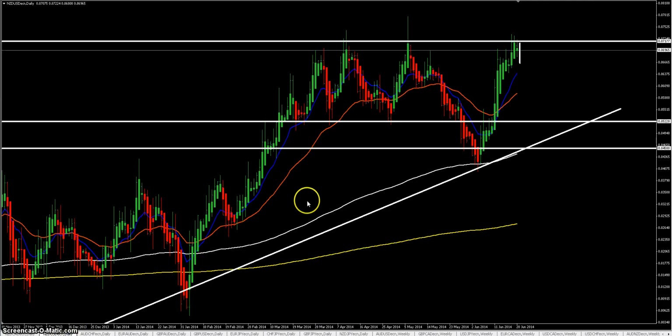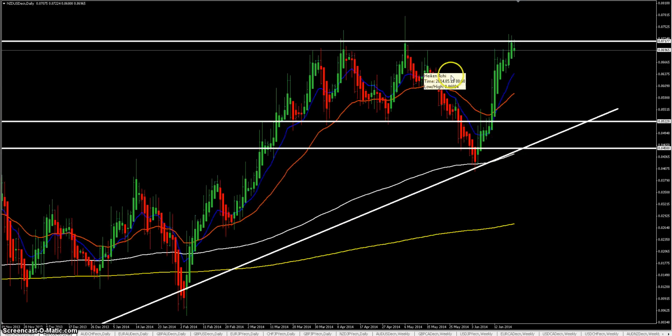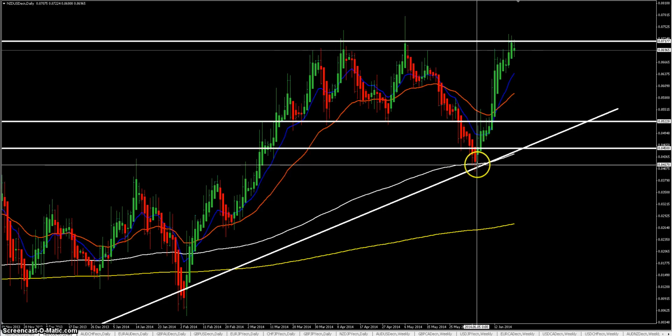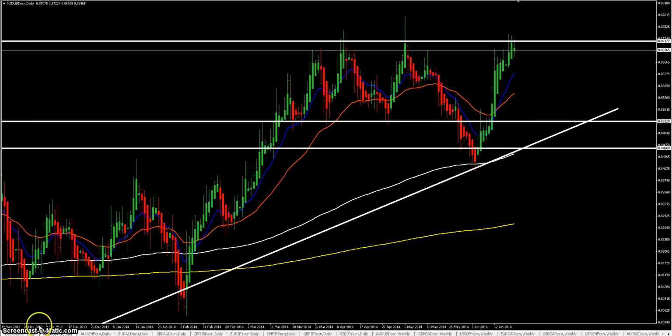Then New Zealand USD dollar. If you check the weekly chart, we can see that we have an uptrend, but it looks like we have kind of a range here. And if you check the daily chart, we can see that we have a daily range here. Price bounced from weekly and daily support and moved back into that range.